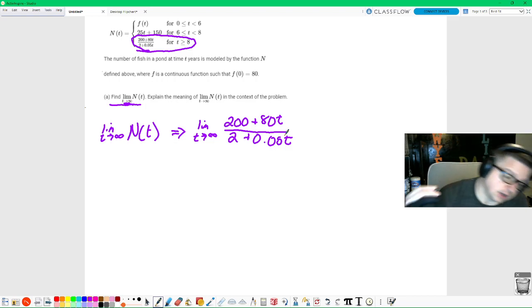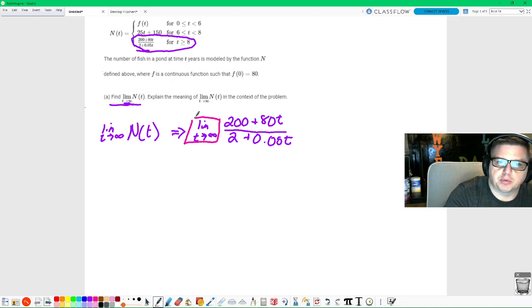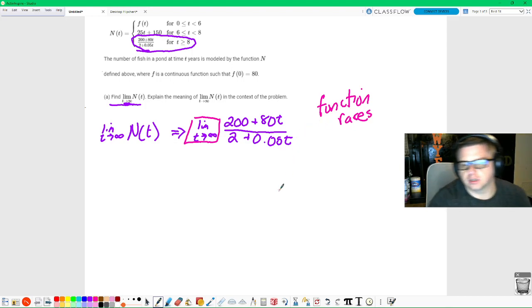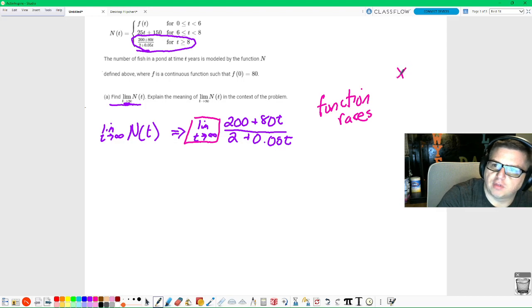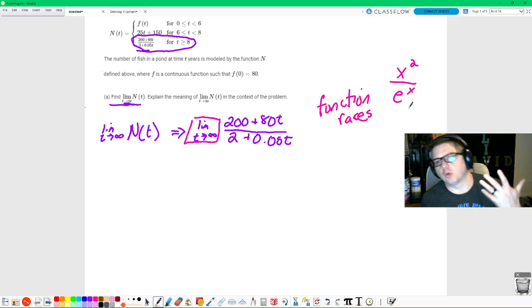There were two different scenarios that I taught in my class. One I actually taught today, but before that we talked about anytime the limit as t approaches infinity, we have what we call function races. In function races, we want the fastest function to get the credit. So if we have something like x squared over e to the x, which function is going to be faster?